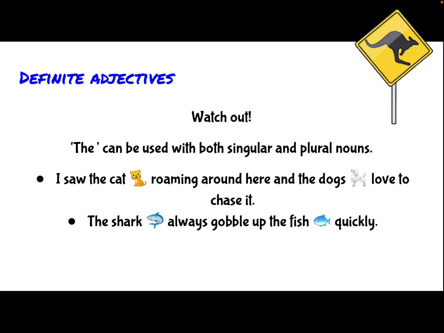Also, the can be used with both singular and plural nouns. For example, I saw the cat roaming around here and the dogs love to chase it. The shark always gobbles up the fish quickly.